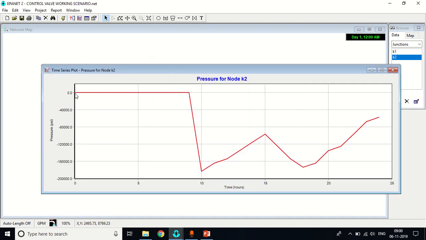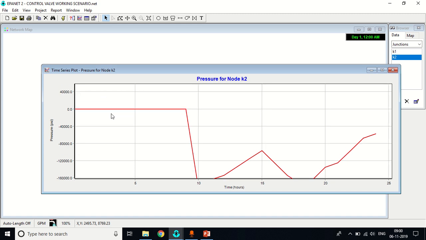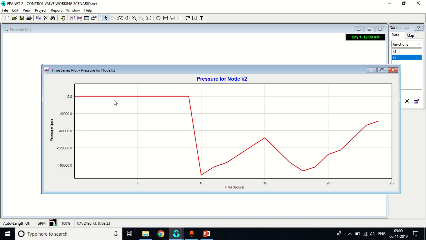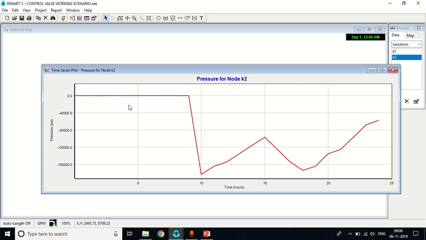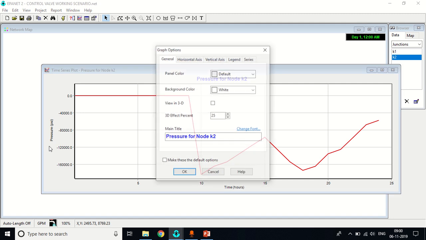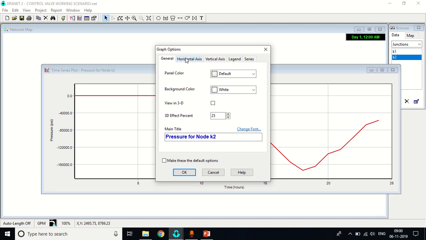So you can see the pressure is sufficient, or even it is showing 0. We have to change the scale. That is because very heavy negative pressure is there. That's why it is not showing clearly.